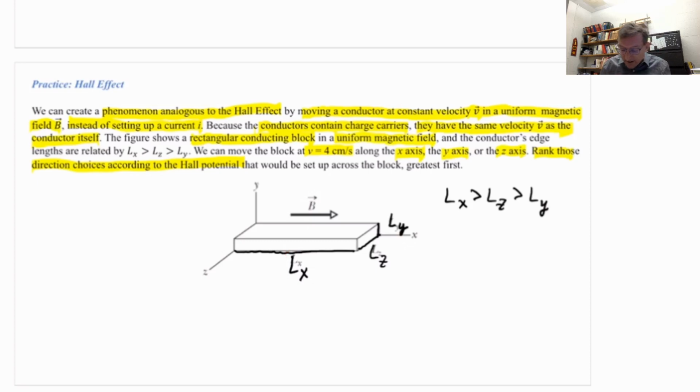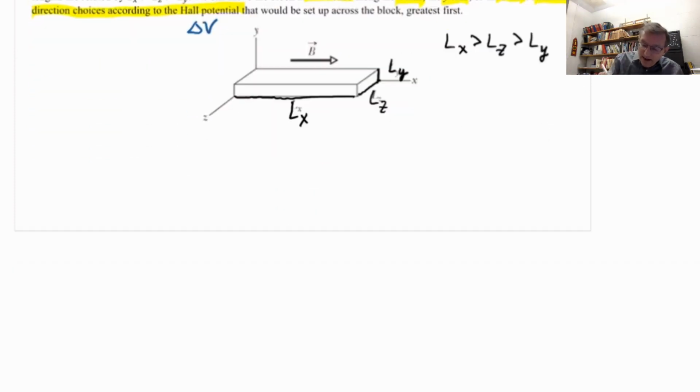And we want to rank the size of the Hall potential, or potential difference, delta V, set up across the block. All right, so this needs to be thought about a bit carefully. But one of the key ideas here is we're interested in what we reach when we reach that kind of equilibrium situation that we were talking about earlier, where our charge carriers, let's just assume they're electrons. For this practice, that will be fine.